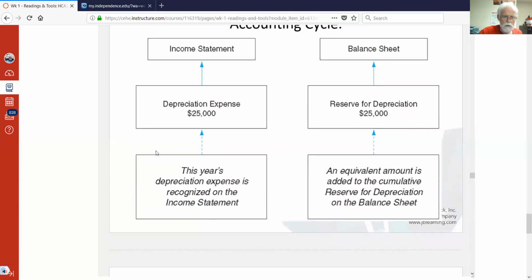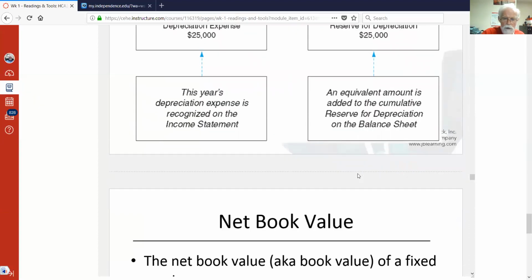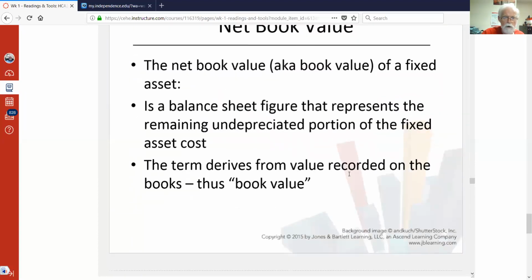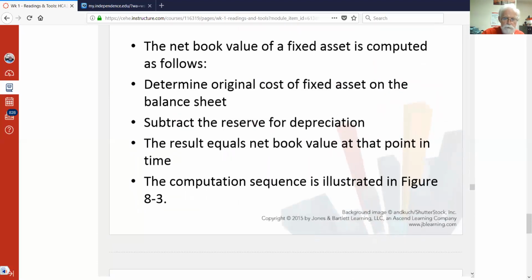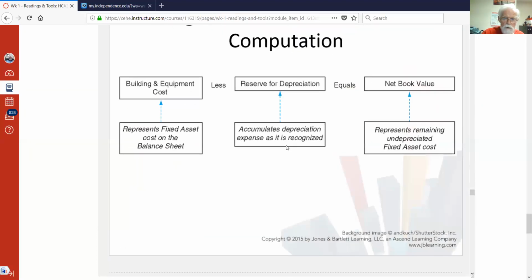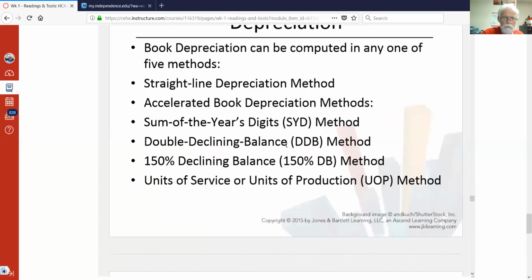We have a depreciation expense of $25,000 that goes to the income statement. The balance sheet reflects a reserve for that depreciation. So we've spent the money, but we are only taking part of it. The net book value is a balance sheet figure that represents the value. So there are some examples of that.